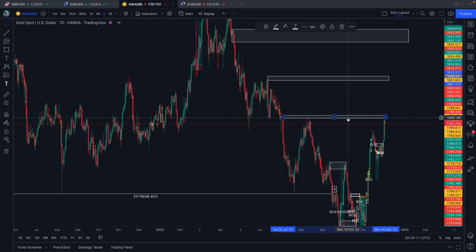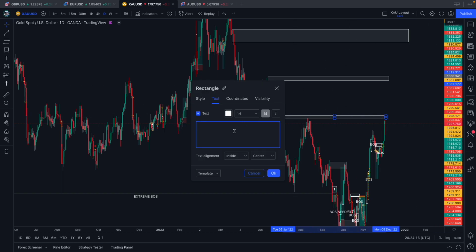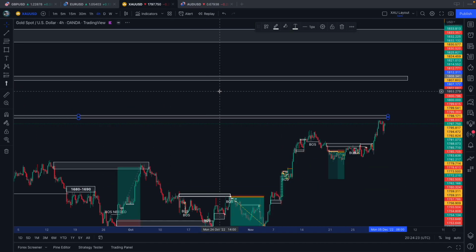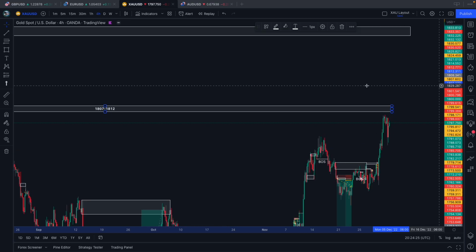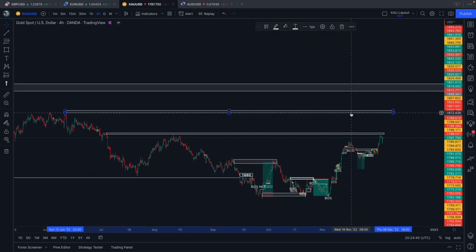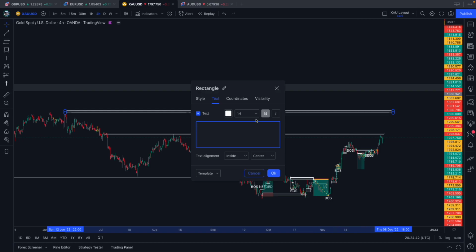So we've got this first one is 18.7 and 18.12, so that's the first zone. So we're looking at around 18.7 and 18.12, as you can see there. So you want to mark it out for yourself. This second zone here is between 1872 and 1879.